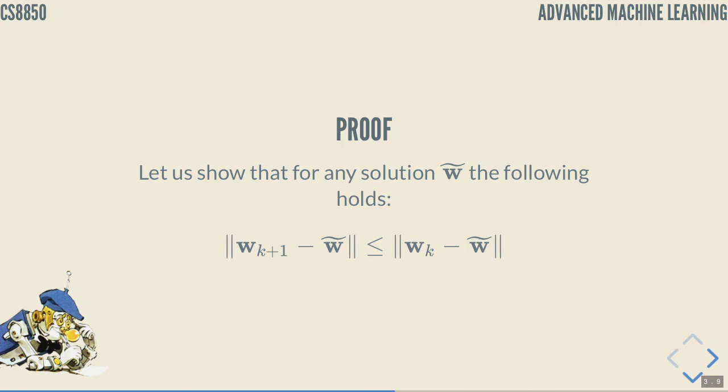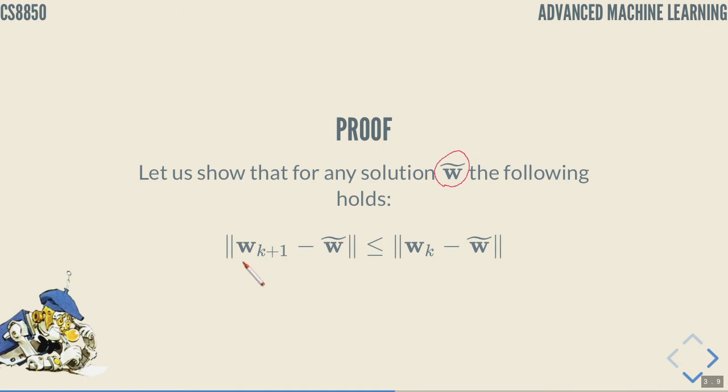Let us show that for any solution W tilde, the following holds. The dataset is separable, and W tilde is a separating hyperplane that does separate the classes.